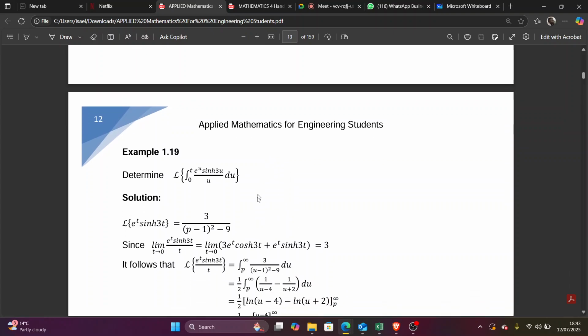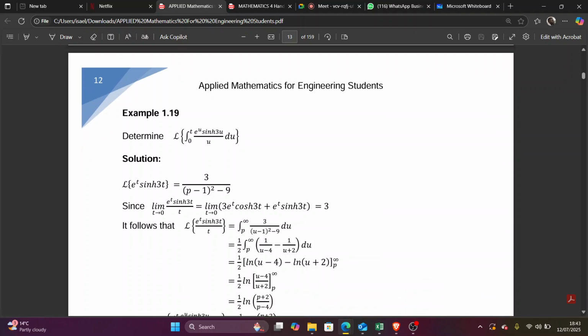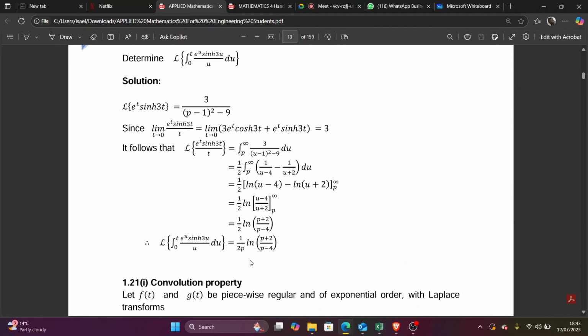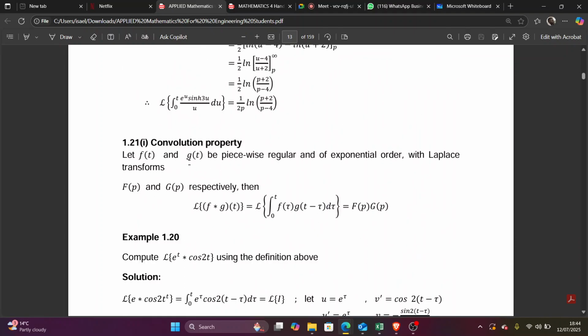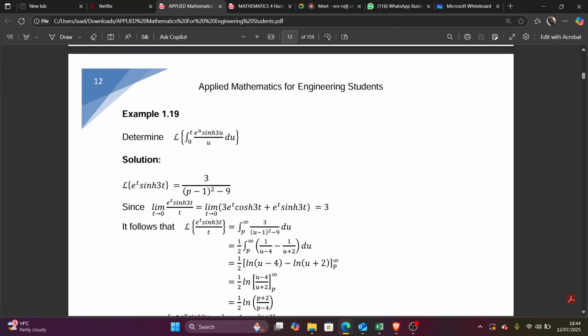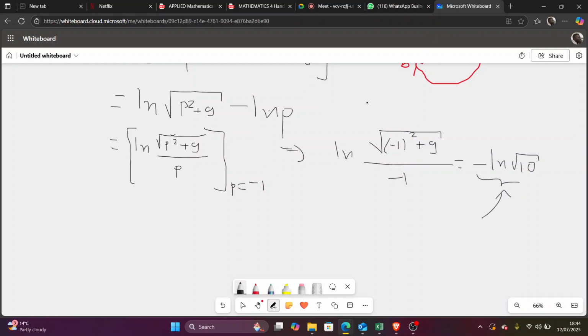On Monday, I will introduce you the case where it is given to you like this, where you have to divide by p, and convolution. That should be the last time I do this for free.